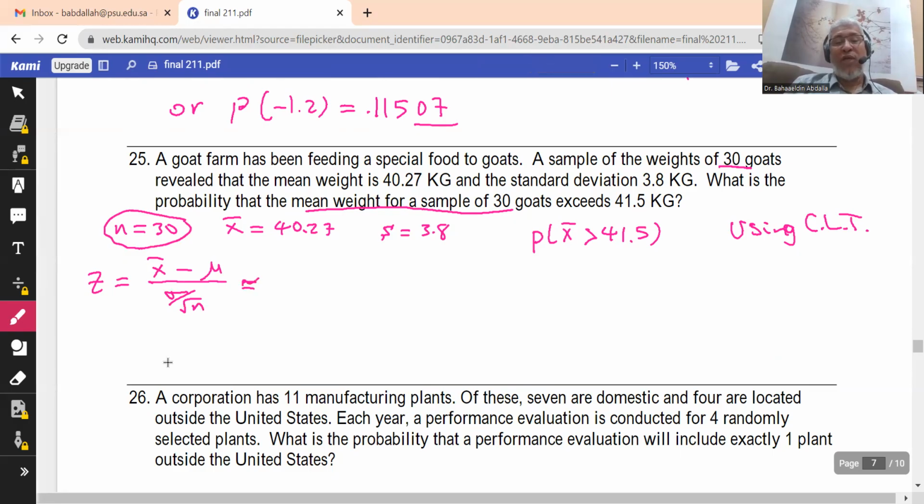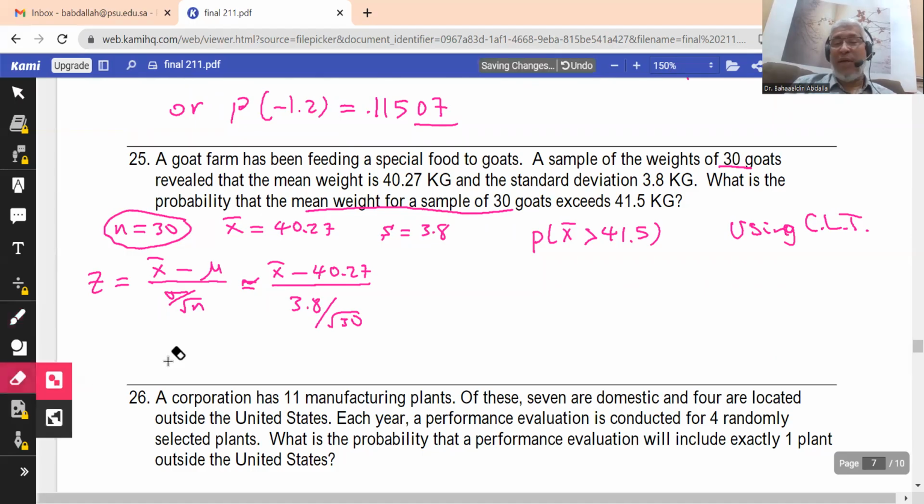But we do not have mu here in the question. We have this X bar, so it's an approximation of mu. It is the best estimate of mu, so I use it. And also 3.8 is the best estimate of sigma, over square root of n, which is 30.